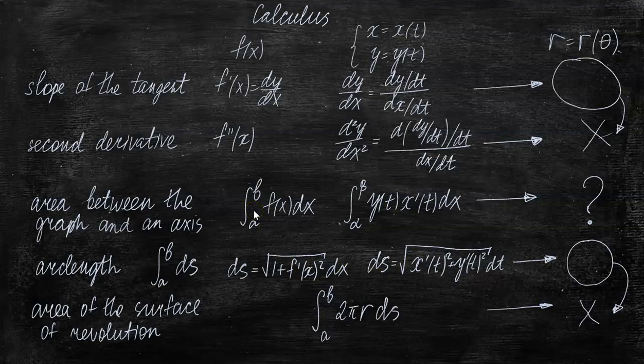So the only question now is, how can we turn our knowledge of parametric equations into knowledge of polar curves? And the answer is very simple. We're going to learn how to parametrize r(theta).